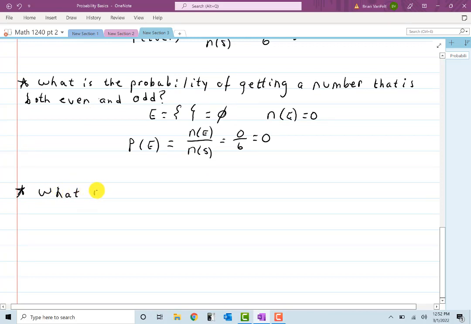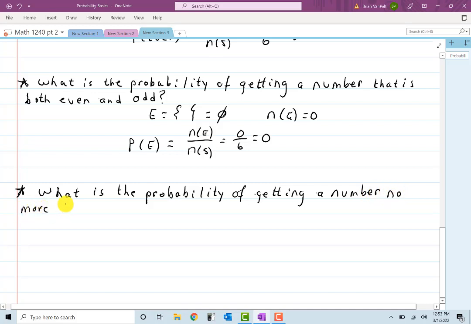What is the probability of getting a number no more than 2?